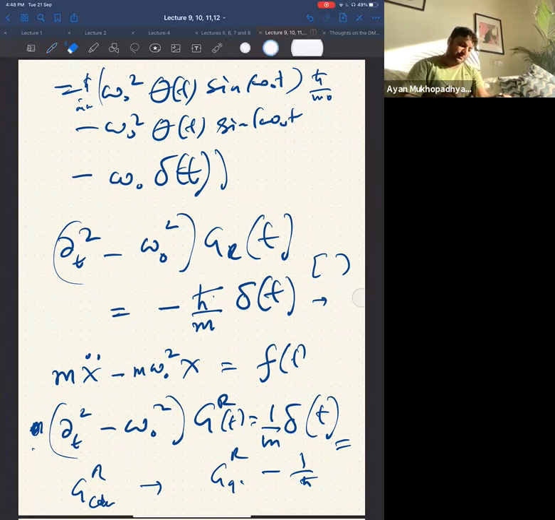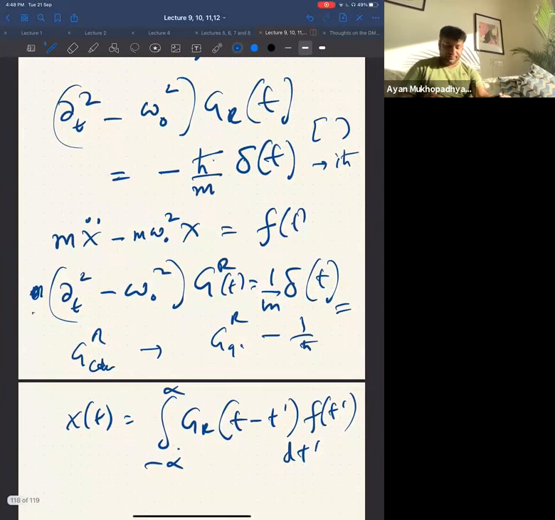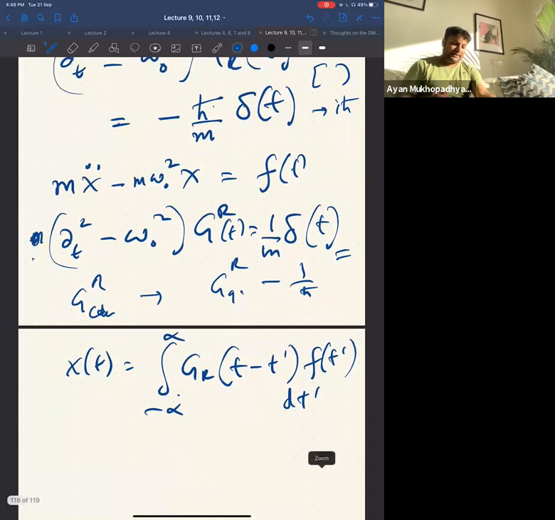Sorry, it's i h bar, not minus i h bar. Then the quantum commutator becomes the classical commutator, which is exactly what you get in the classical problem. And therefore the classical and quantum calculations are the same for the harmonic oscillator also, like for the free particle.